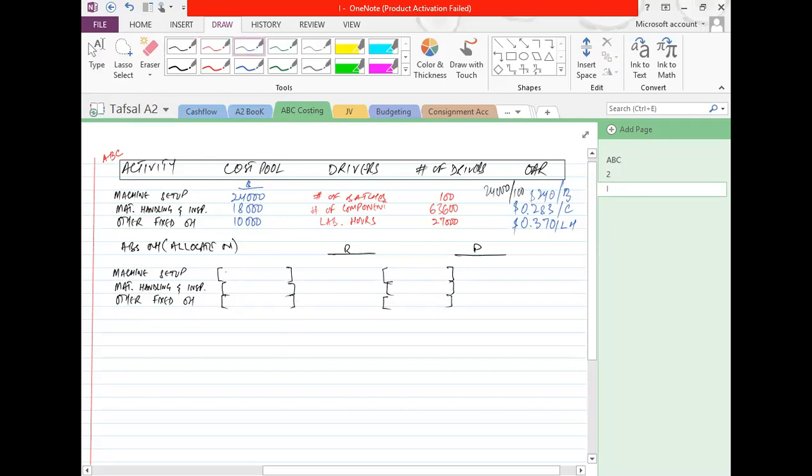For example, this is 240 per setup. For both, it should be 240 per setup. And for material handling, 0.283 per component. So the components for Rexine are 60,000 and components for Premier are 3,600. Can you check it?